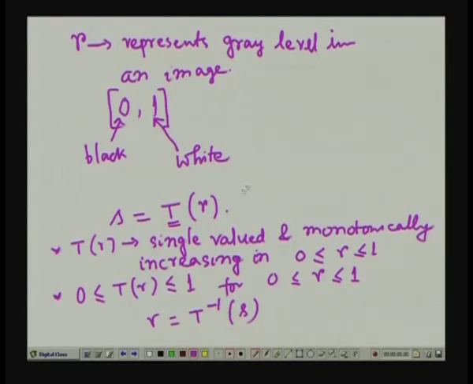So, we want a transfer function T which will satisfy these conditions, and if these conditions are satisfied by T(R), then the inverse transformation will also satisfy this particular condition.